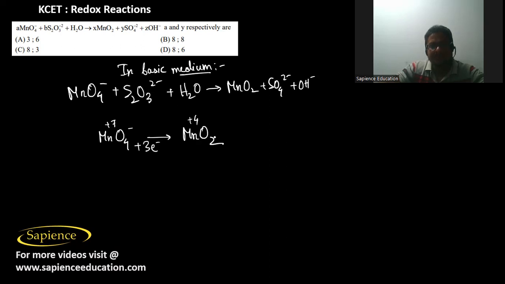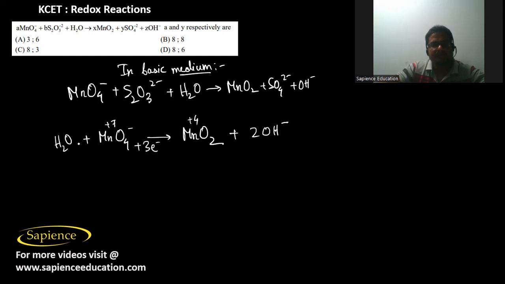And since we have a lesser amount of oxygen here, we have to add 2 hydroxide ions, since we need 2 oxygen atoms. And hydrogen is not there here, so we should add H2O here.